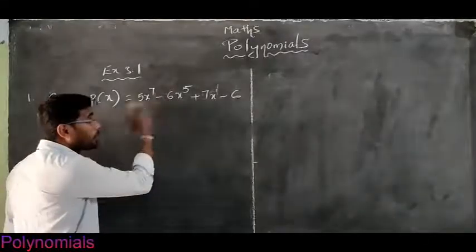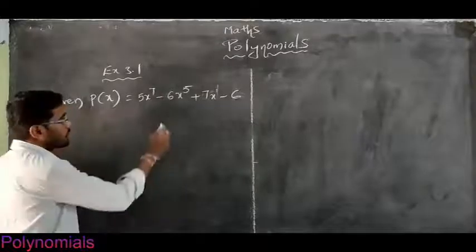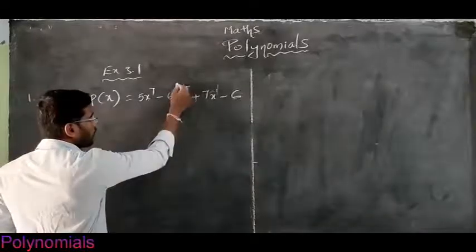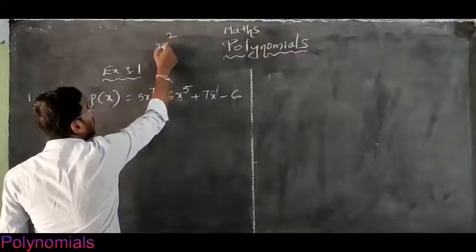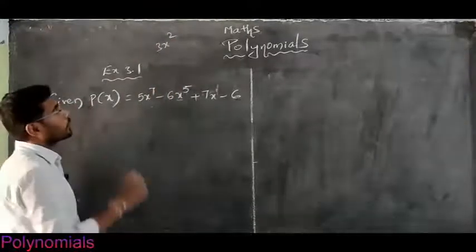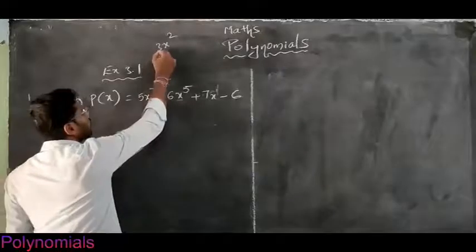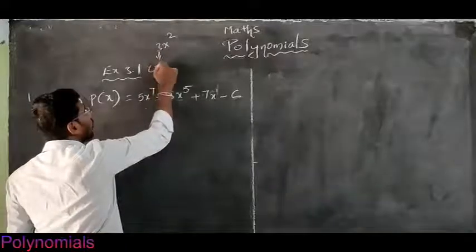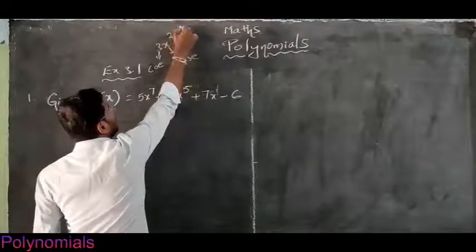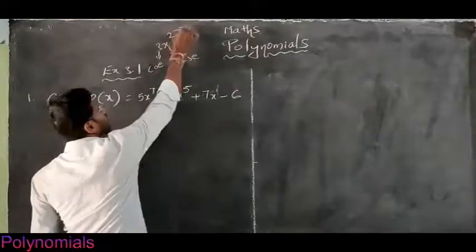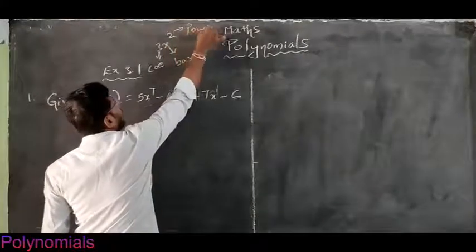Coefficient means the number before the variable. For example, in 3x square, the number before the variable is 3, so the coefficient is 3, x is the base, and 2 is the power or index.